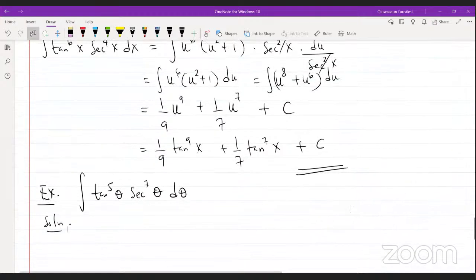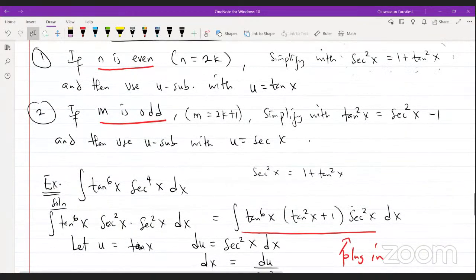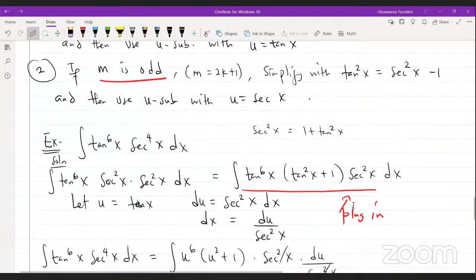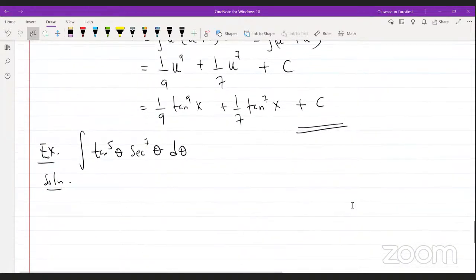This says if m is odd, this is the kind of substitution you make. So that means I'm going to work on my tangents. So this is the integral of tan to the 5th power of theta secant to the 7th power of theta d theta. Can I split this up?